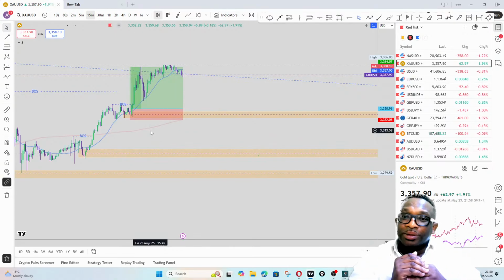That way you are playing within your maximum loss per trade.